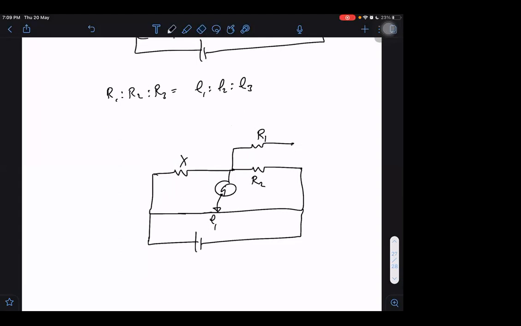R1 is also connected. Maybe we can say when R1 is connected, then we need to take R1 and R2 in parallel, so the effective resistance will become R1, R2 in parallel. And when R1 is not connected, only R2 is connected, then only R2.